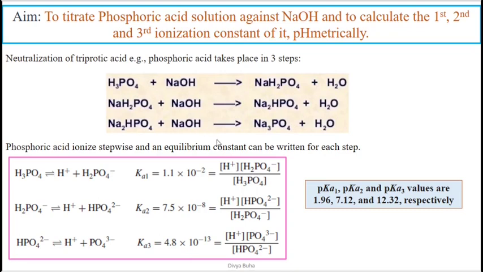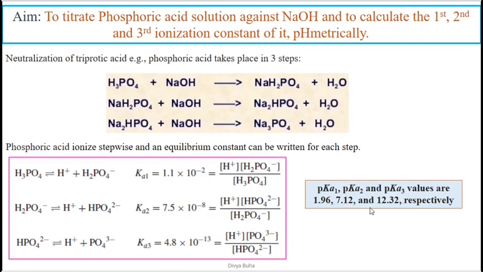Okay, so over here we are titrating phosphoric acid against NaOH, and since the neutralization occurs in 3 different steps, you will be getting 3 equivalence points, right? And if you compare the ionization constant values, you can see that pKa1, pKa2 and pKa3 are quite far from each other.